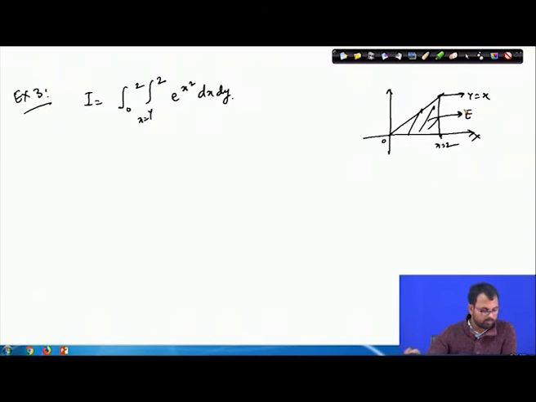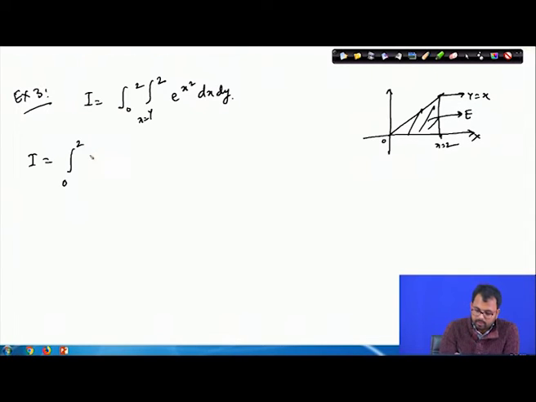So after changing the order of integration, we can write I equals, y would still be varying from 0 to 2, right?